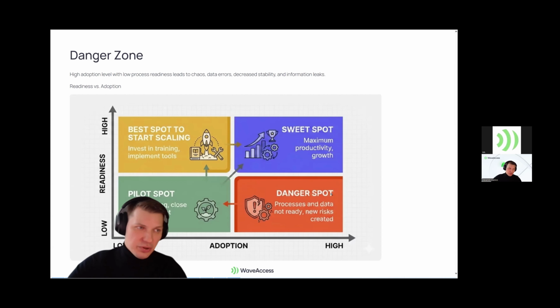They try to go deeper into agents, create an agent, Claude bot, implement, and the side effect could be dangerous. The data could leak, the security could leak, the overall effect of a large language model could be bad. It's better not to be in this danger zone, but it's not very hard to get out of the danger zone, back to the pilot zone and to the sweet spot.